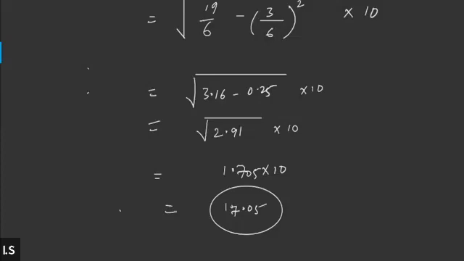Alexander, from this point onward, we will talk about the remaining part of standard deviation in the next session. We will be talking about the shortcut method and the discrete and continuous series, and how to solve those series by different methods. There will be a slight difference while solving those questions.